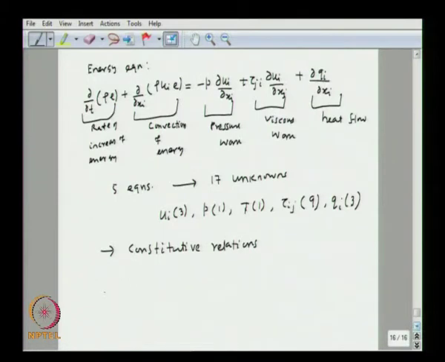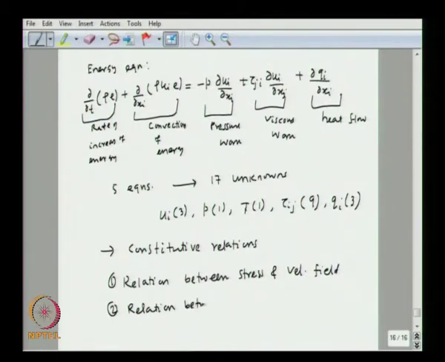That means we need the relation between the stress and velocity field, we need the relation between heat flux and temperature field, and we need to express thermodynamic properties.